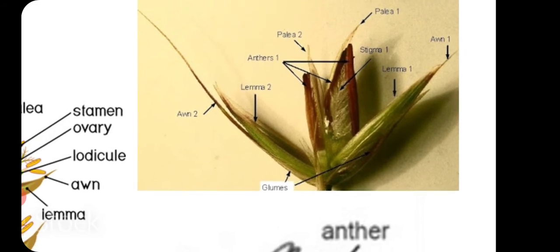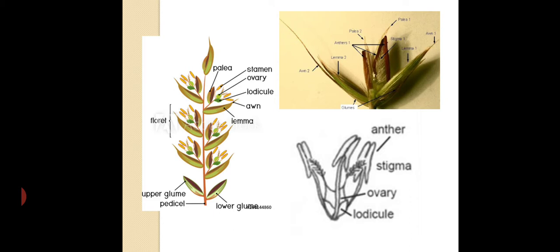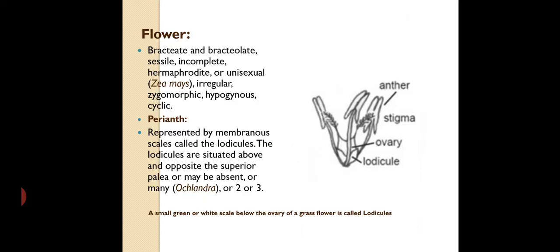Here in between the two, a small portion is there, that is representing the perianth. Okay, so that is called lodicules, and the lodicules are situated above and opposite the superior palea, or maybe sometimes absent, or two or three in number.